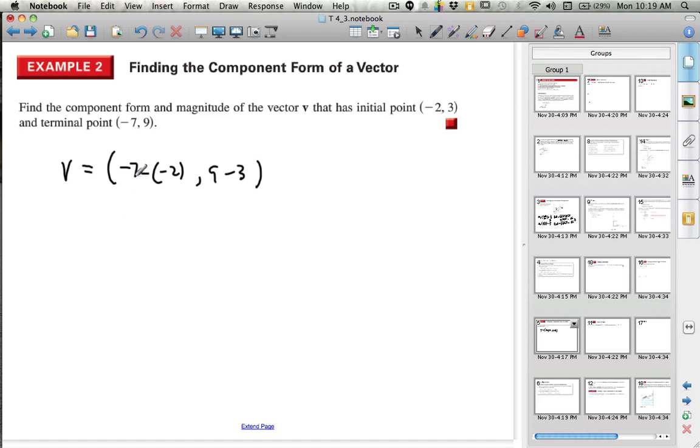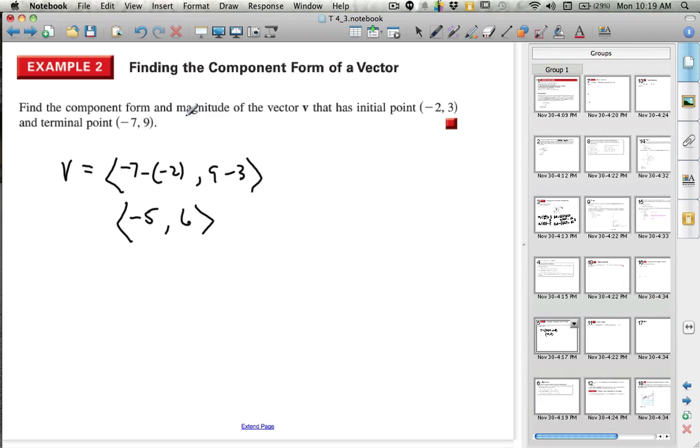And when I simplify that, I'm going to have -5, 6. And then when you do component form, we changed the way the brackets look, so I should have actually done that up here. So the brackets become angle brackets as opposed to curved parentheses.